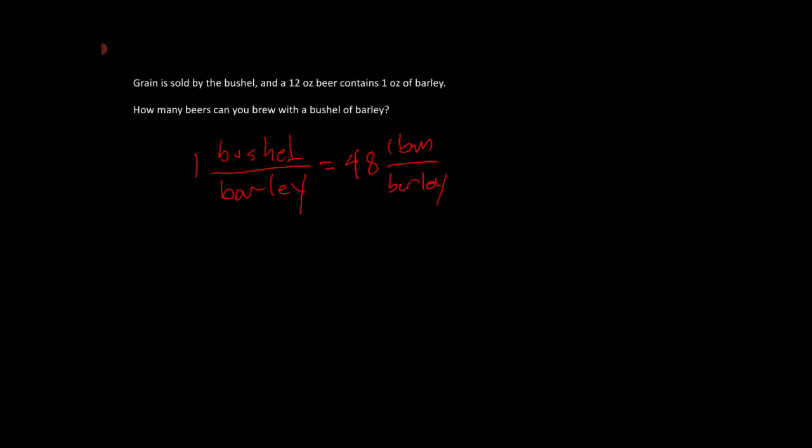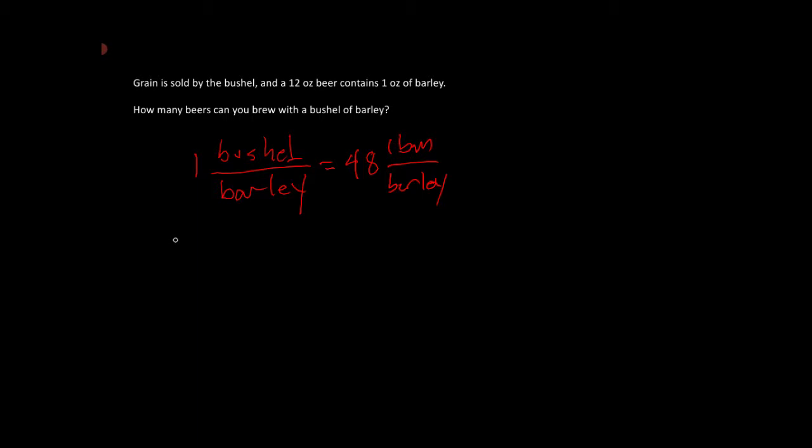That's going to differ by the different kinds of bushels, and I'm not sure if it differs on the different kind of barley that you use. But what I found online was 48 pounds for the bushel.